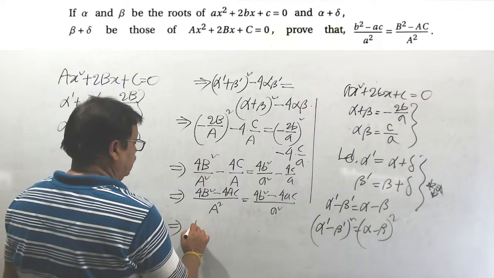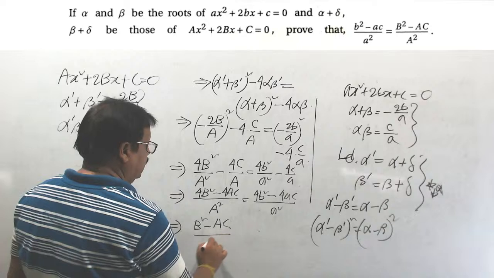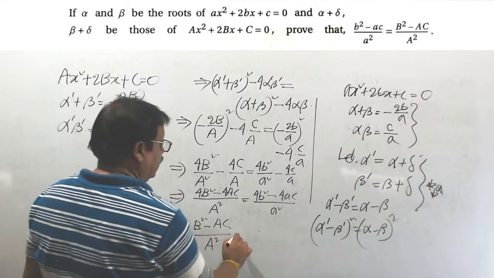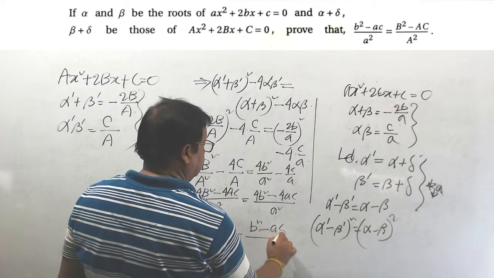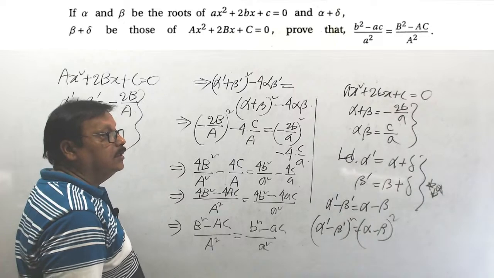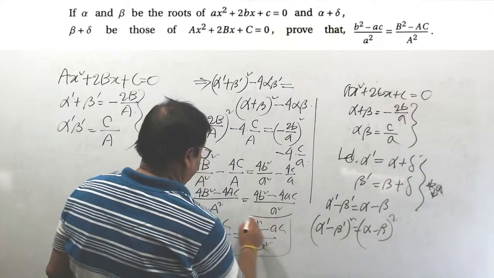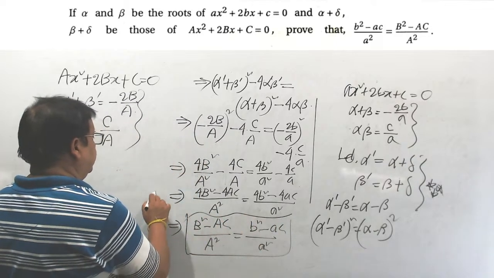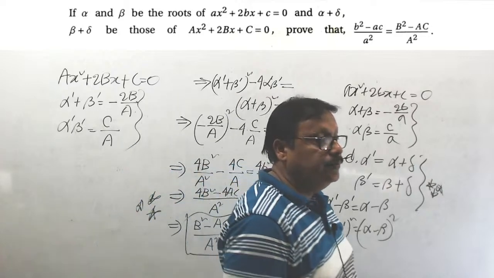This implies (b square minus AC) by a square equals minus AC by a square. See what to prove. Yes, hence proved. This is a very important problem. Understood?